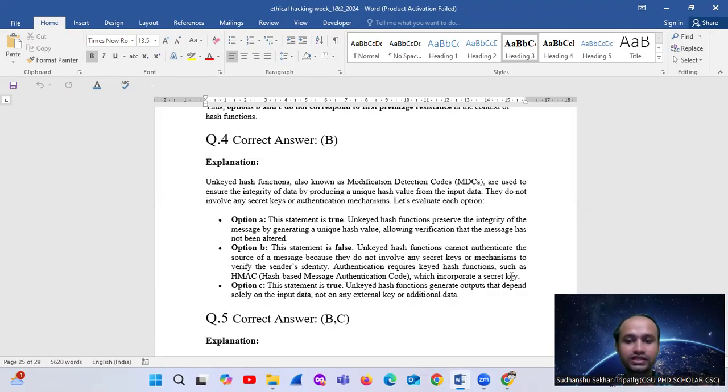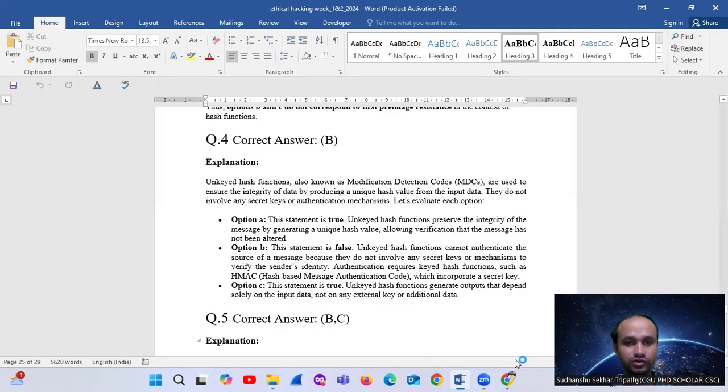Authentication requires keyed hash functions, such as HMAC, that is hash-based message authentication code, which incorporate a secret key. Option C, that is true. Unkeyed hash functions generate output that depends solely on the input data, not on any external keys or additional data.